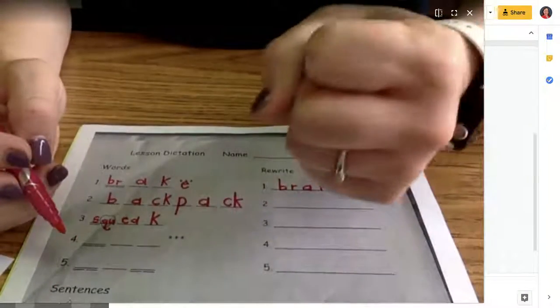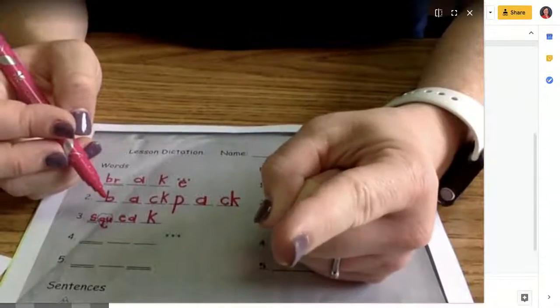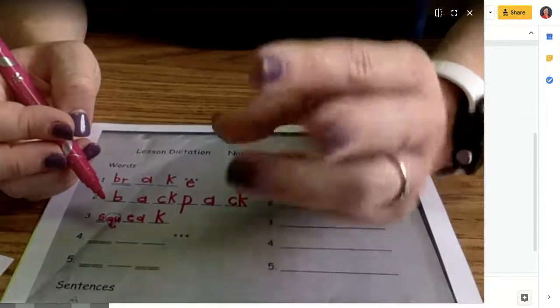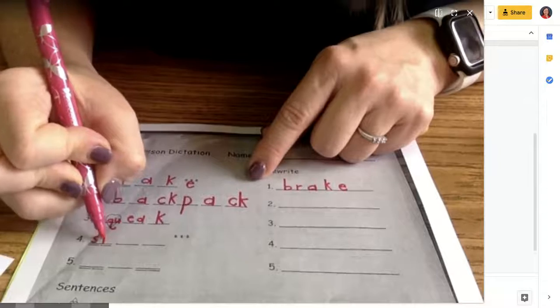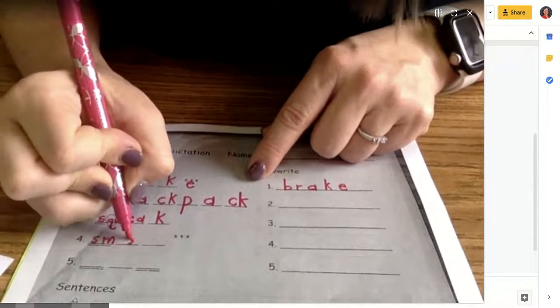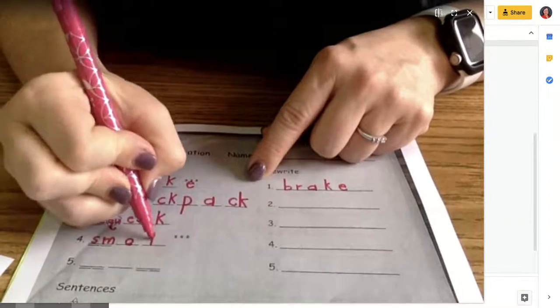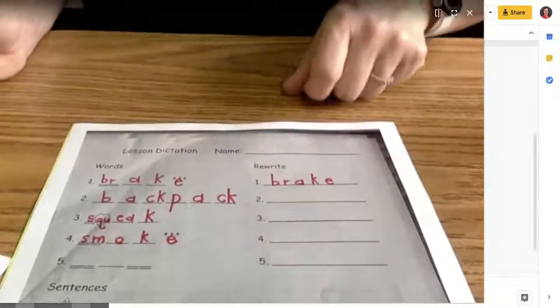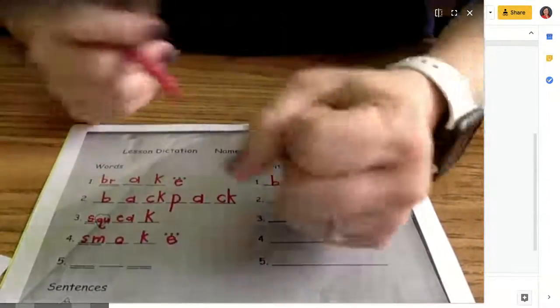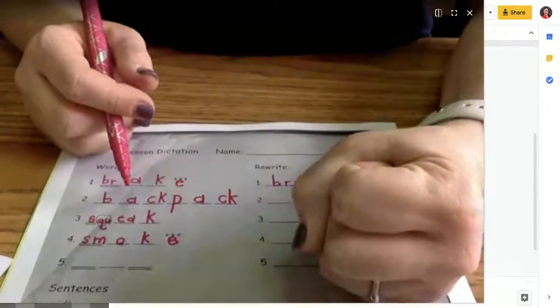All right, next word, smoke. One syllable, smoke. Sm, o, k, smoke. Sm, o, long. So I need a K and a magic E, smoke. And then my last word, brisk. Brisk.